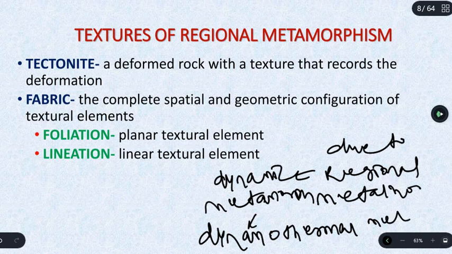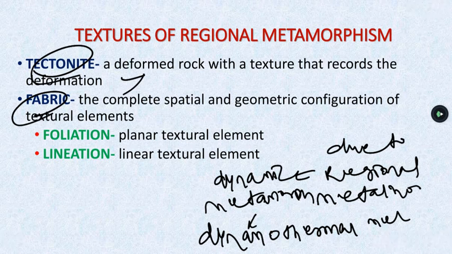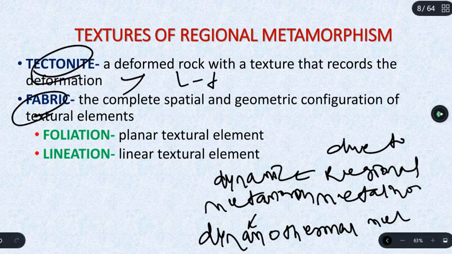Clear. So due to the regional metamorphism, some of the texture we see is called the tectonite. One is the fabric. Tell me, what is tectonite? One is the L tectonite, one is the S tectonite. What is tectonite?